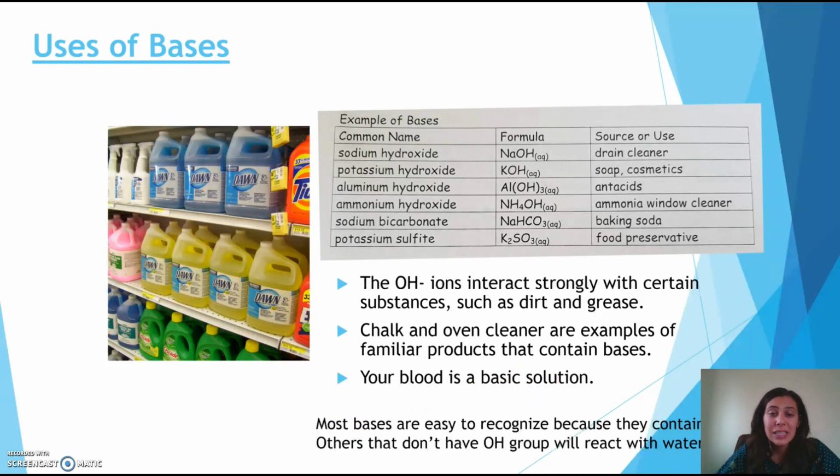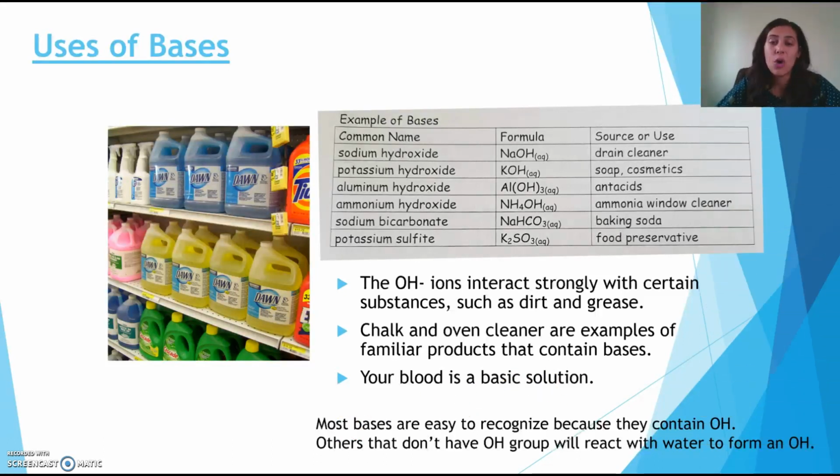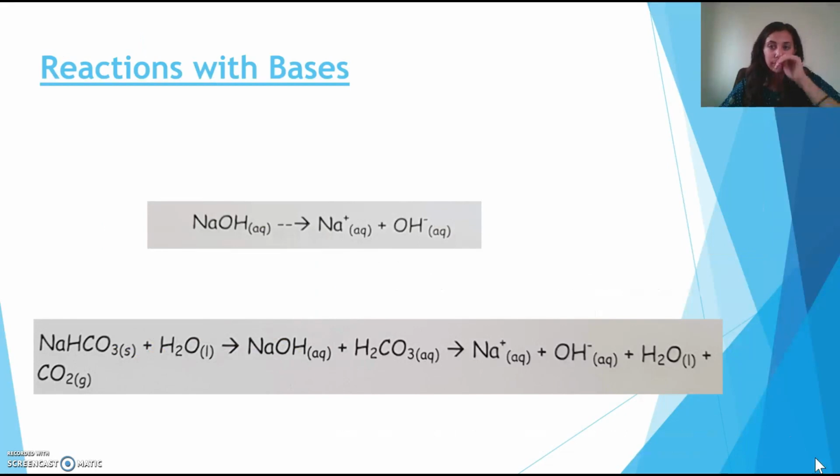Most bases, they're easy to recognize because they contain an OH group. Notice in all of these chemical formulas, there is an OH, except for in sodium bicarbonate. Now, others that don't have an OH group, just like sodium bicarbonate, these guys will react with water to form a hydroxide ion eventually. So let's see a couple of those examples.